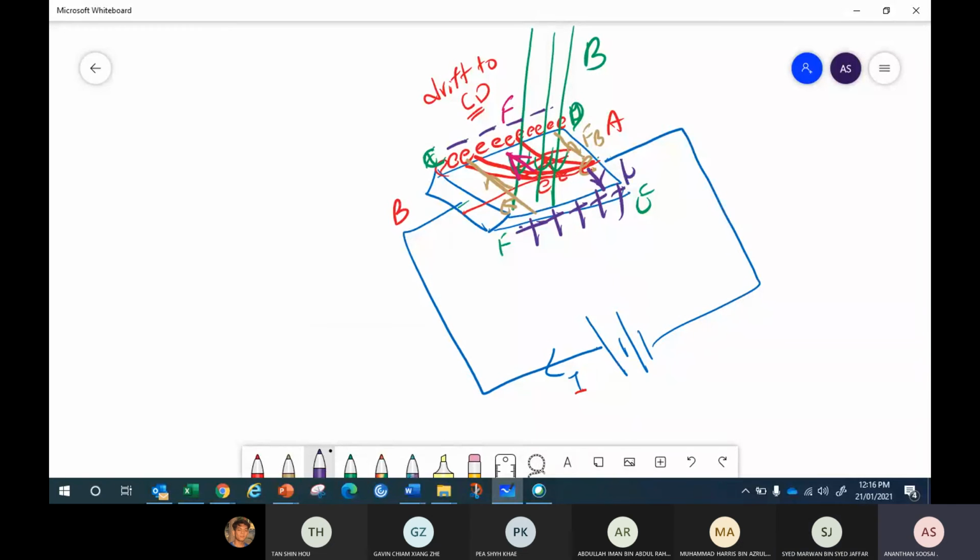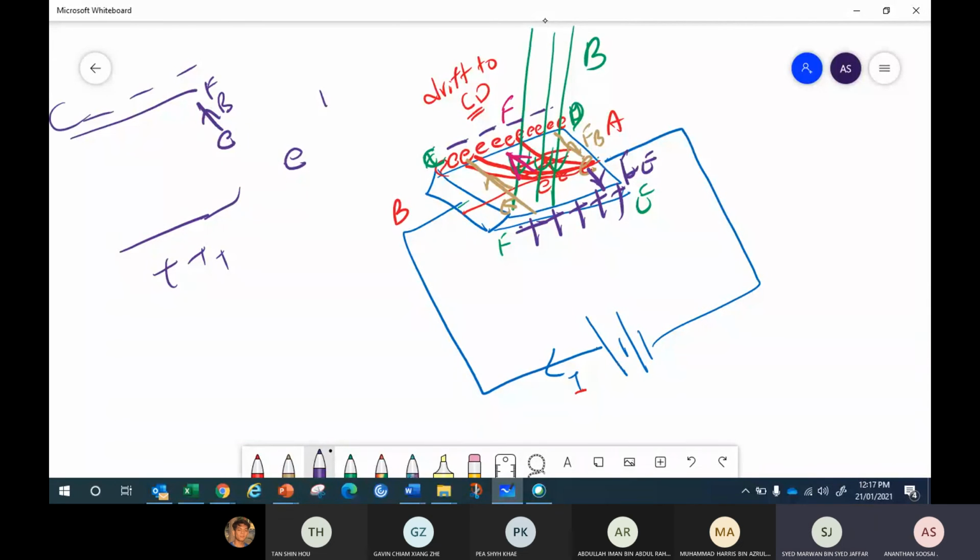The electric force is due to the electric field. So when the 10,000 electrons have drifted and created the electric field, after that the incoming electron will have a magnetic force to the CD, and the electric force will be to the FE.